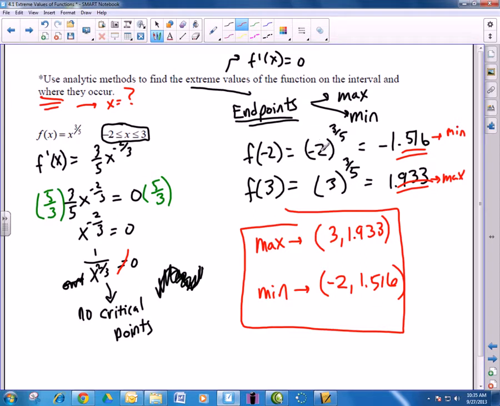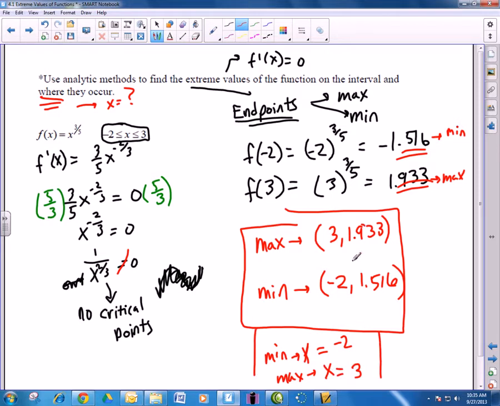They would expect you to think, well, when I compute this, I am going to get a negative because it's an odd exponent, and so that means that this is going to be my minimum. And so what you could do is just say, well, my minimum occurs at x equals -2, and then my maximum occurs at x equals 3. All right, so just keep that in mind.